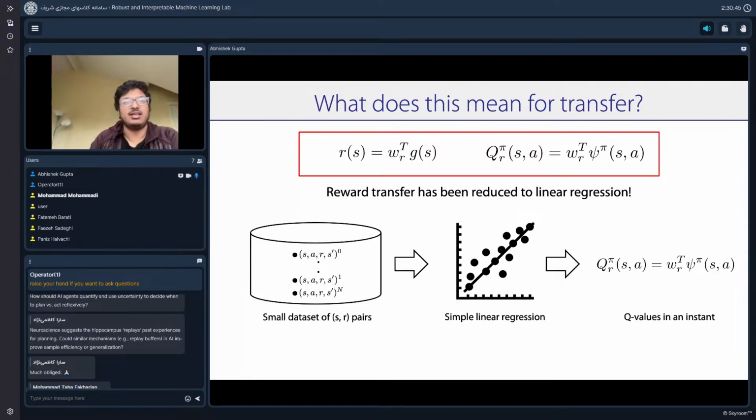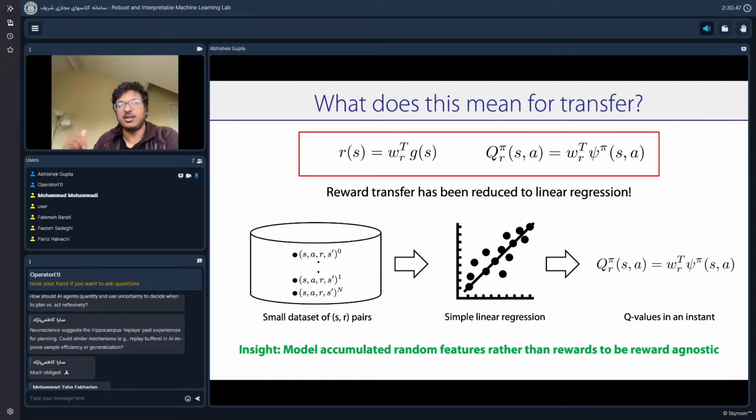So the key insight here is that instead of modeling rewards for a particular task, model some cumulative random features. Let's call them G. And then at test time you can just solve a linear regression problem, and you instantly have Q functions without having to redo anything else, just linear regression.